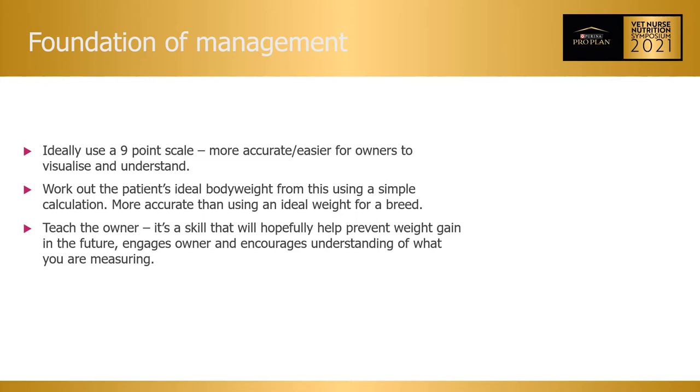So owners need to be able to do this at home, so that if that weight does start to creep back on, that they recognise it early on, and then we can intervene and get that animal back down to where they should be. Being able to body condition score and involving the owner in this process engages them and also encourages a better understanding of what we're doing and what we're looking for.